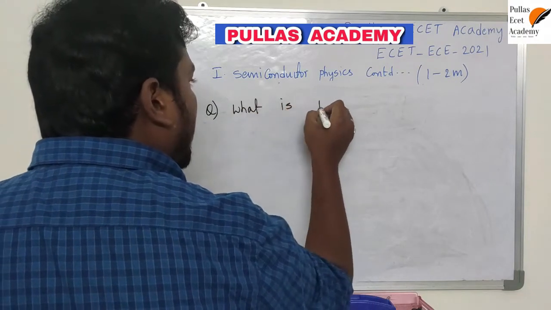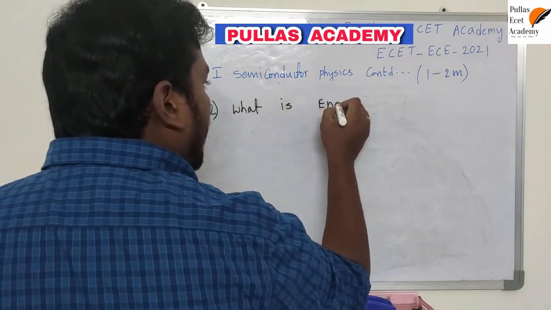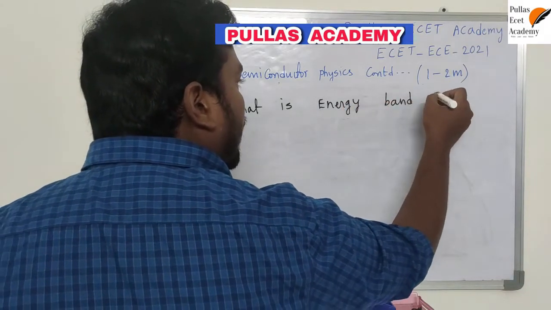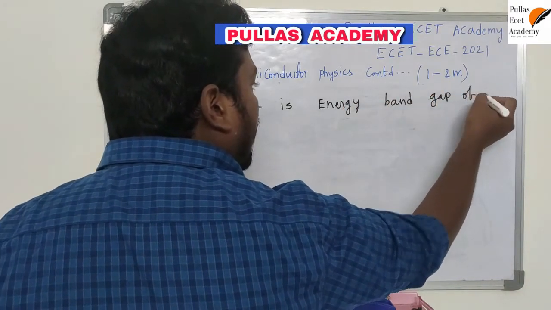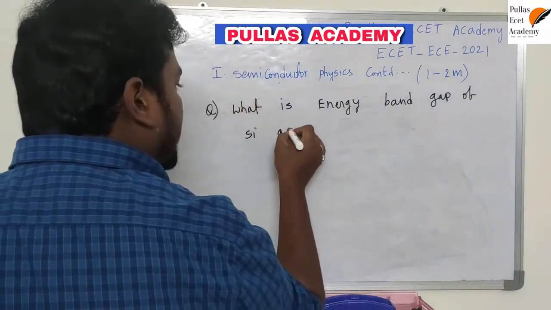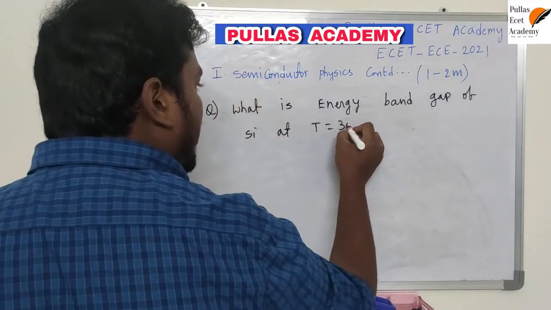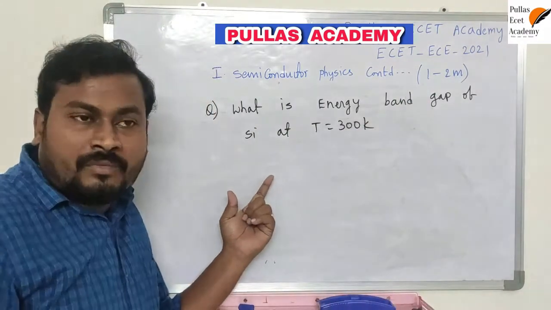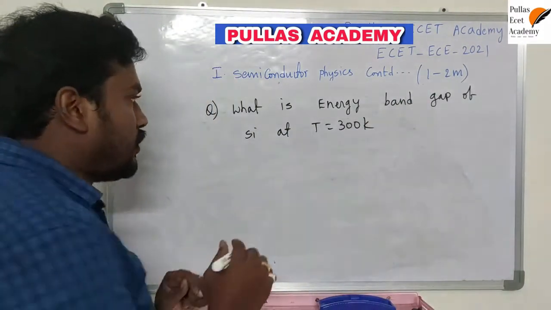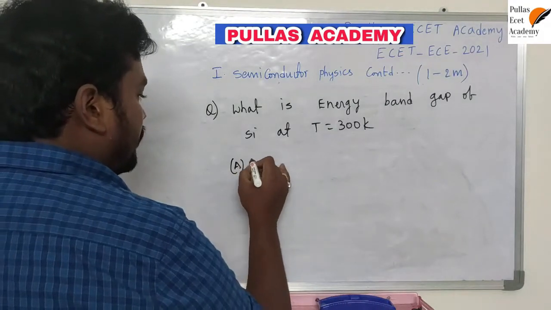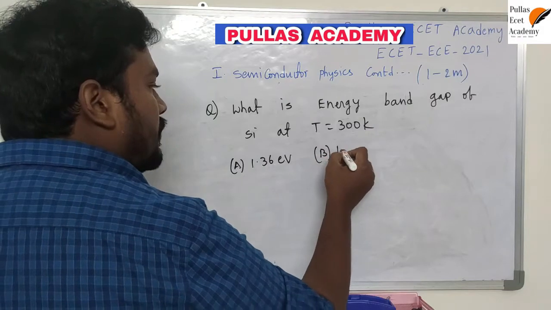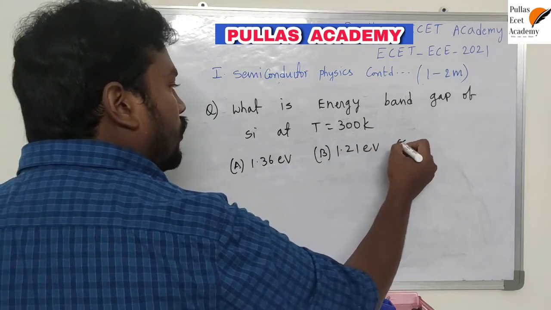So what is the energy band gap of silicon at T equal to 300 Kelvin? So this is the question. Okay, it is a simple question. Now only we have seen. So the options are something like 1.36 electron volts. Option B is 1.21 electron volts.